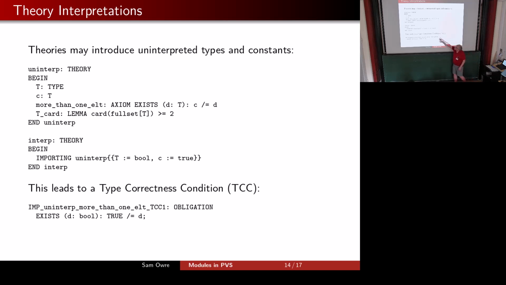And then here I'm doing mappings. I'm mapping t to bool and c to true, and I get an obligation that says, prove to me that that axiom actually holds in this interpretation. So anything that you define as an axiom over uninterpreted things, you're now forced to prove when you interpret things.